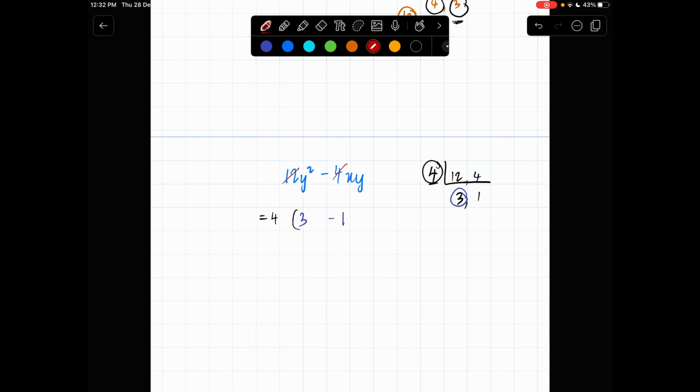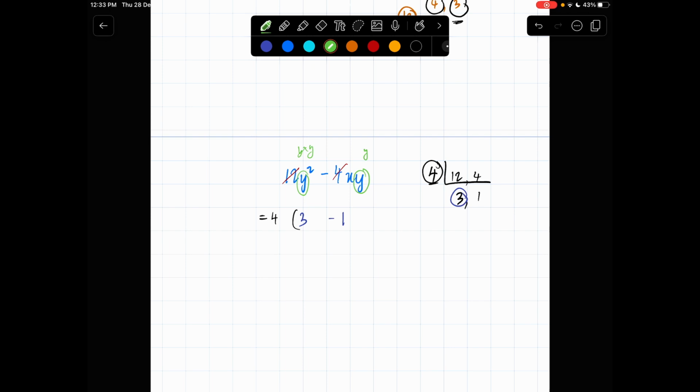Next we have y squared. The term y appears in both terms, 12y squared and 4xy. So we have two y's here, and we have one y here.